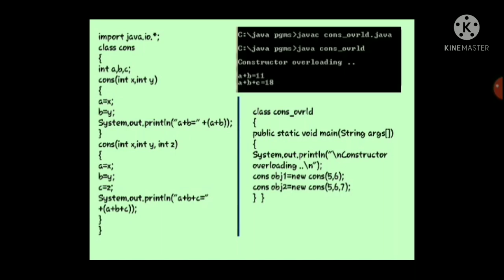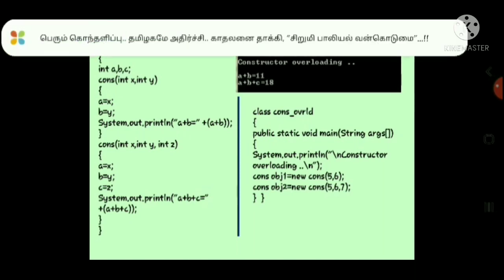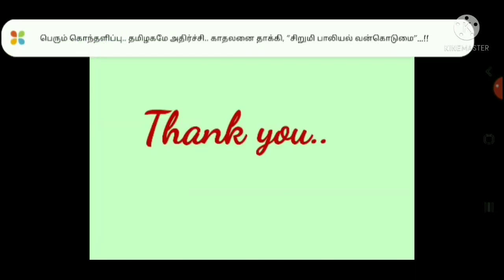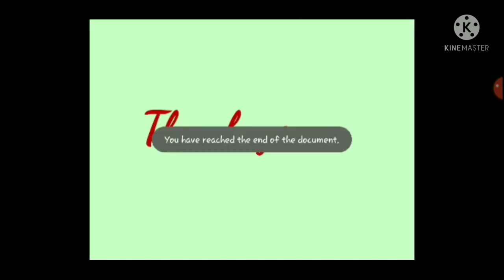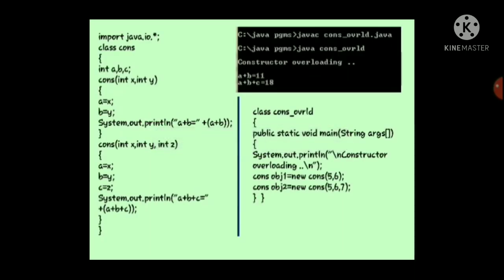Going to the right side, we create the main class. Inside the main function we print constructor overloading, then we create objects. When constructor overloading is done, for calling every constructor we have to create a new instance.